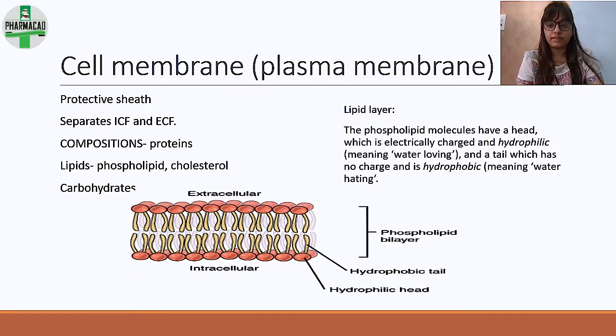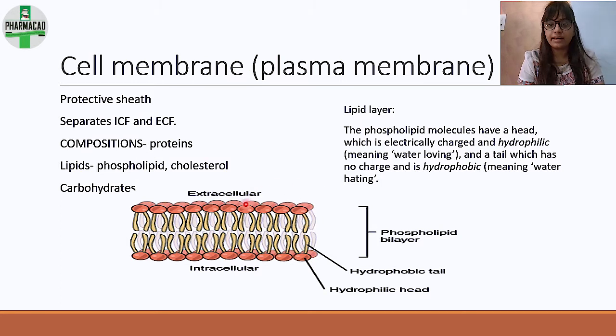The phospholipid layer looks something like this. It has heads, the red ones are the heads, and these are the tails. It's like a bilipid layer, meaning there are two layers. It is like a sandwich, in other words. This is facing the extracellular fluid and this one is facing the intracellular fluid.